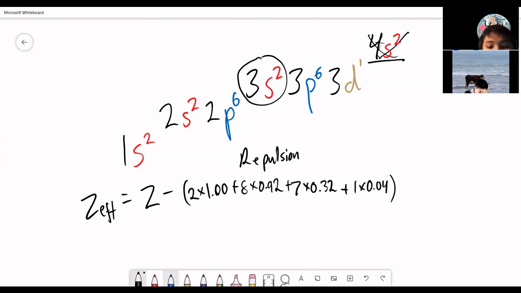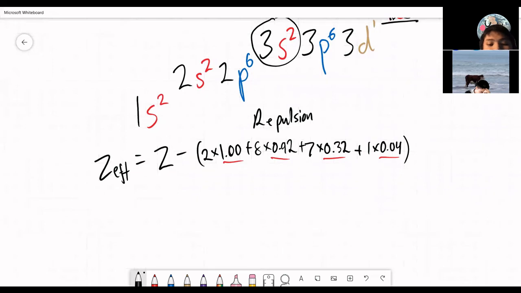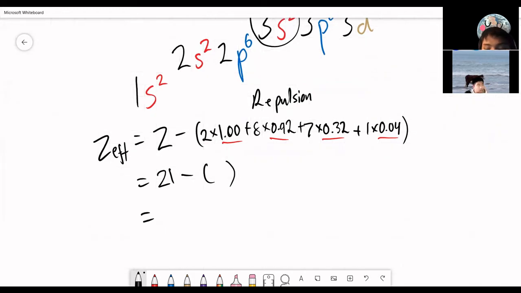Now, where do we get these numbers? These numbers are calculated by looking at the ionization energy of different atoms. And by looking at this ionization energy, you can mathematically calculate what these numbers shall be. Now, the solution of this is going to be 21 minus this repulsion factor, which is going to be equal to 9.36.